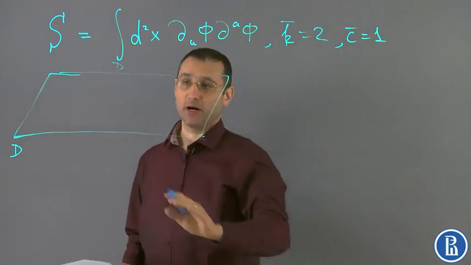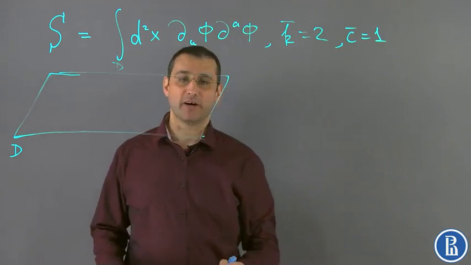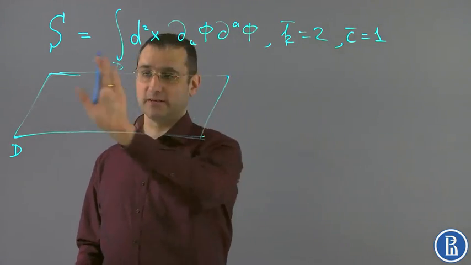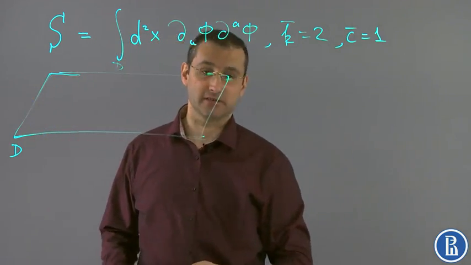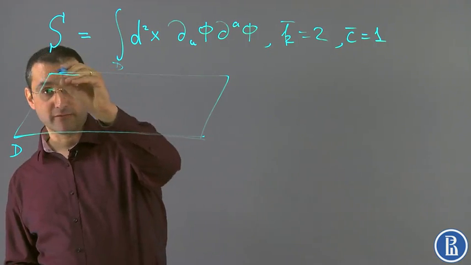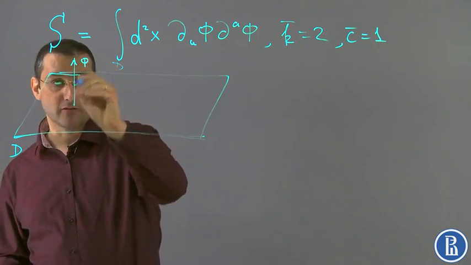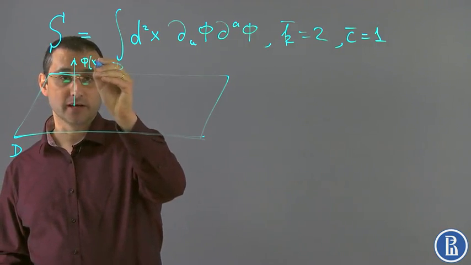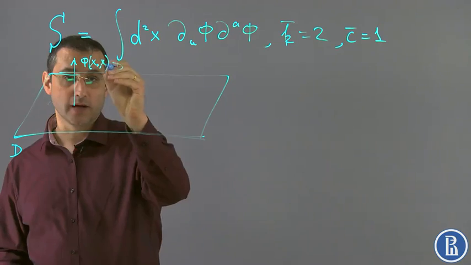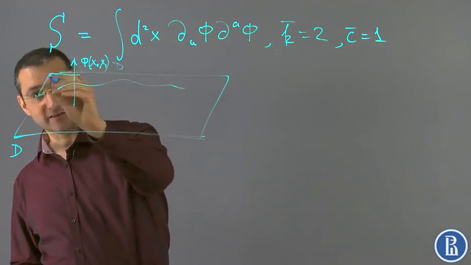And there are some boundary conditions specified for phi. We will assume that phi is fixed at the boundary. So we vary phi. For every point of space-time x0, x1 we have a value of phi, and we vary it such that it is fixed at the boundary.